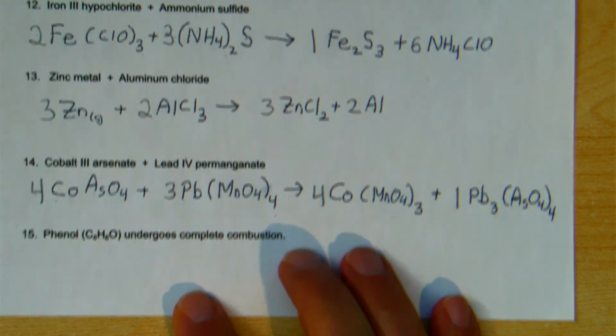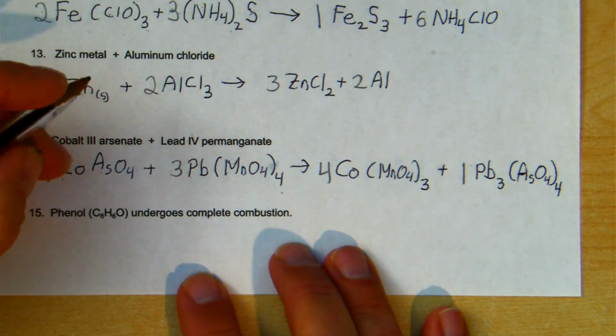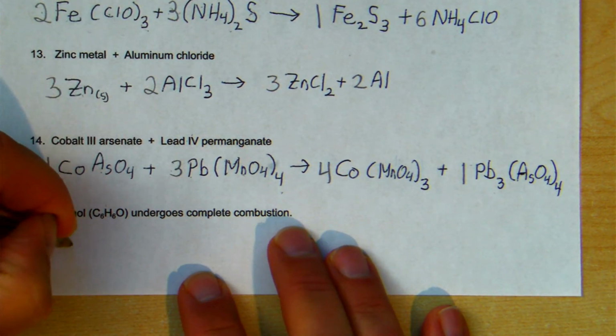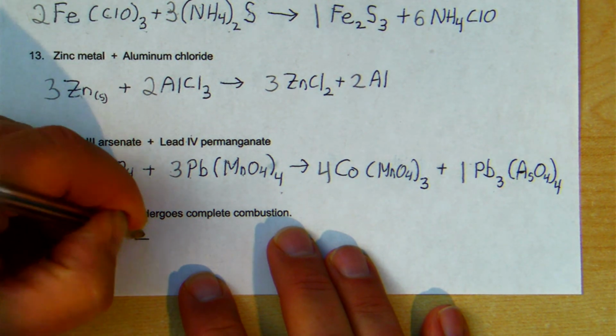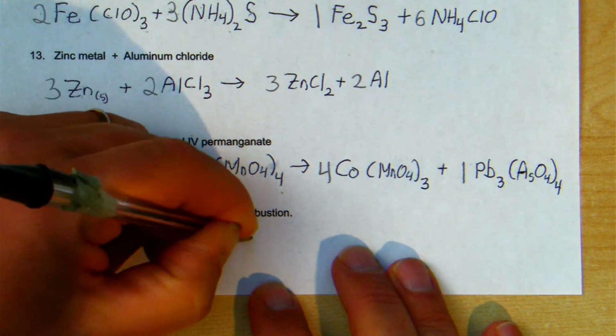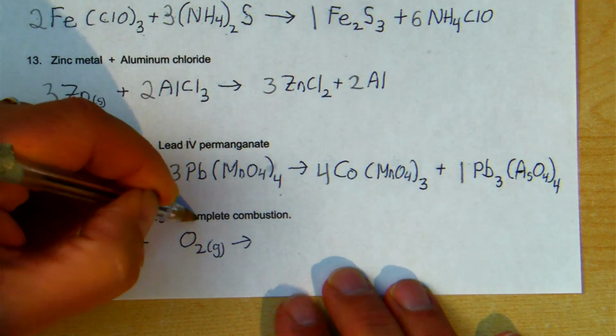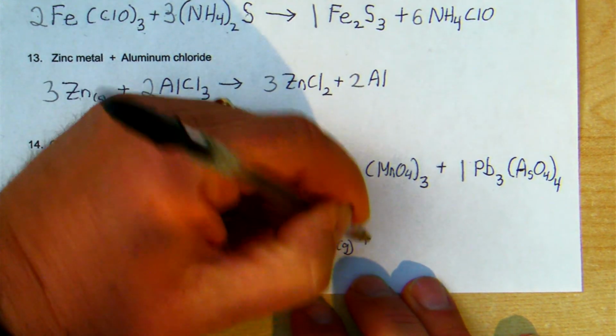Number 15. Phenol C6H6O undergoes complete combustion. So C6H6O, combustion means combines with diatomic gaseous oxygen. And complete combustion means the products are carbon dioxide gas and water.